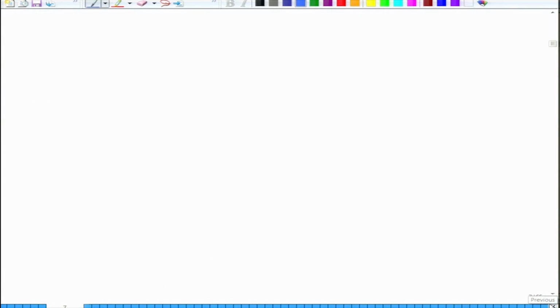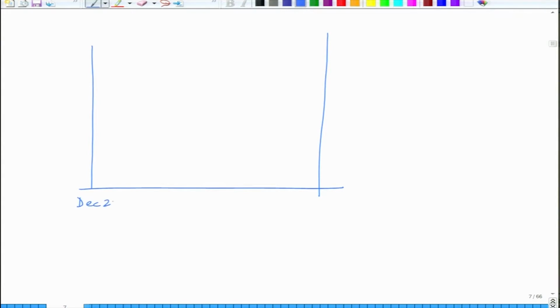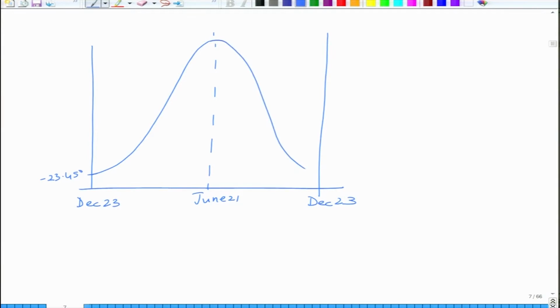If you plot the values from December 23 to December 23, somewhere here we will have June 21. So this will go from minus 23.45 to plus 23.45 back to minus 23.45.